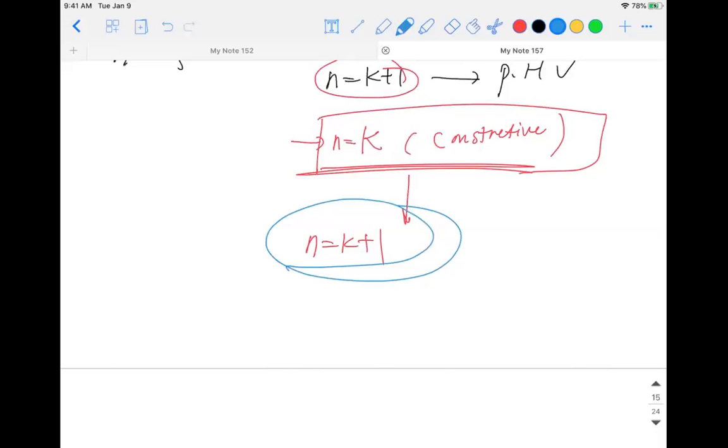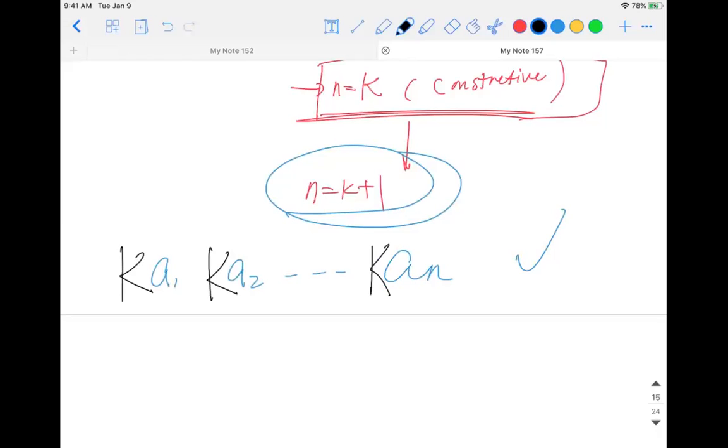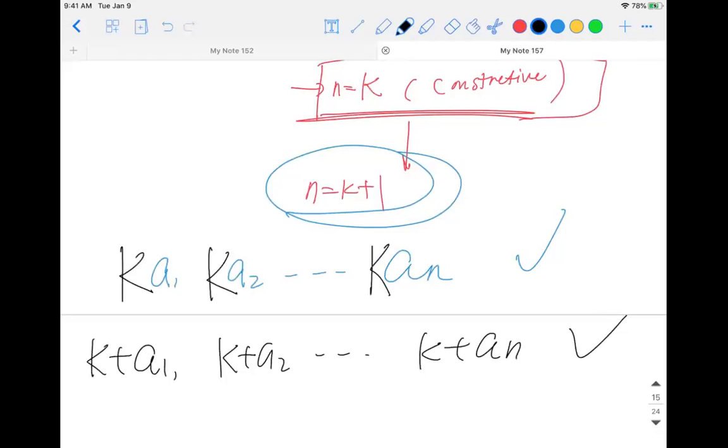All those kinds of sequence constructions, let's say a1, a2, all the way to an, if this one is okay, either you multiply by k, or you add k. Still remember? This is what we mentioned at the very beginning. These are the two major ways to do the construction.